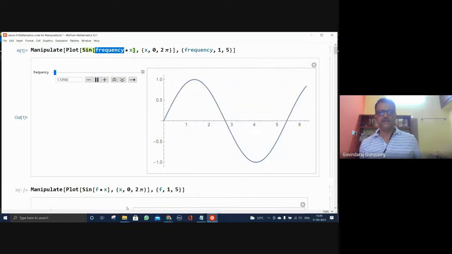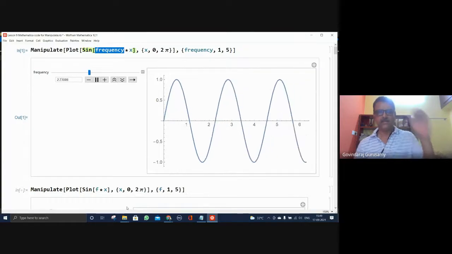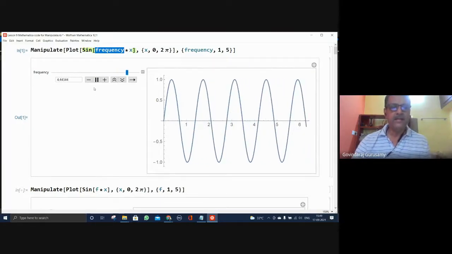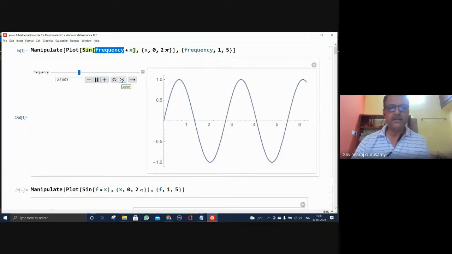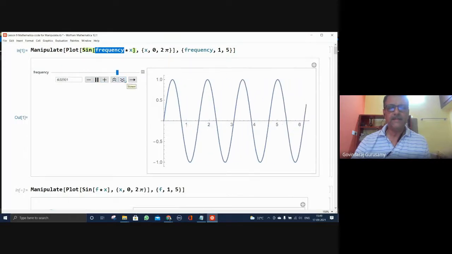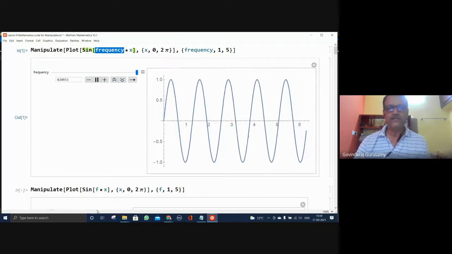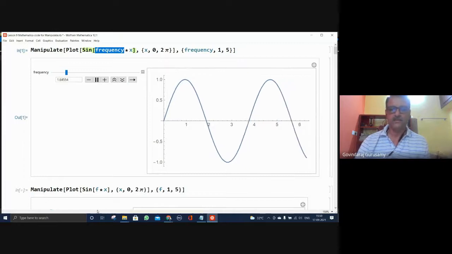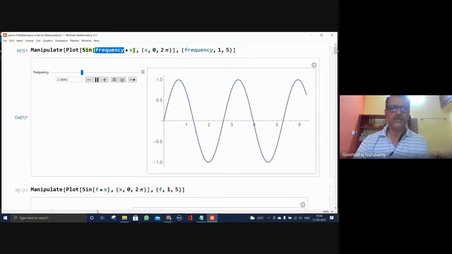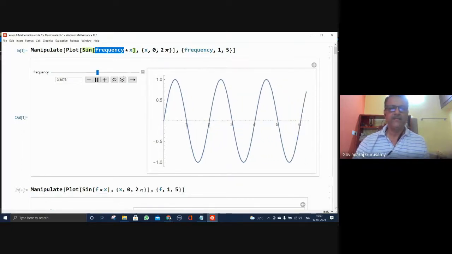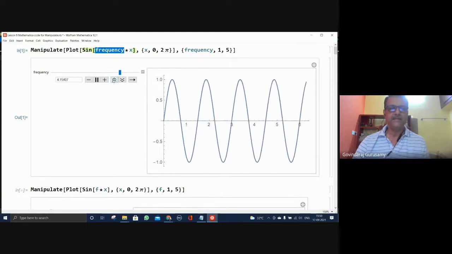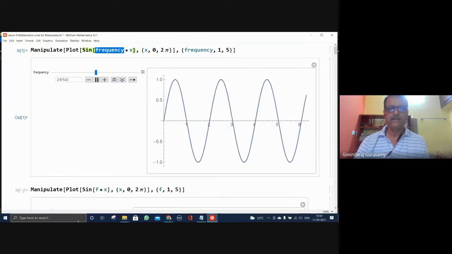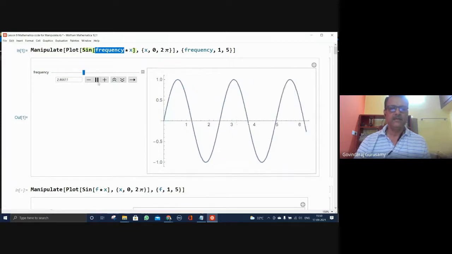Now, what are the options? I can decrease and increase the speed. See, I'm slowing down now. The animation is slow. Manipulate is equivalent to animation. If you want to make it faster, you click here. Much faster.